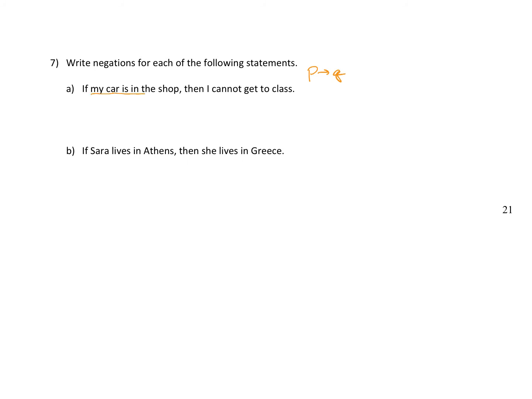My car is in the shop, that will be P, and I cannot get to class, that will be Q. So if I want to take the negation of P implies Q, we just discussed in the previous example that that is logically equivalent to P and not Q. All right, so P is my car is in the shop, and not Q. So Q is I cannot get to class, which means not Q is I can get to class.